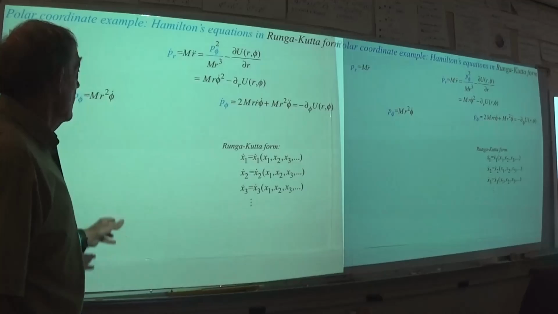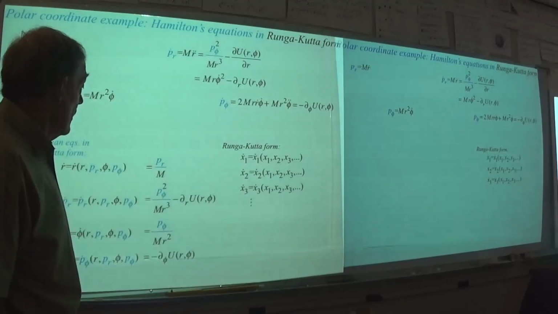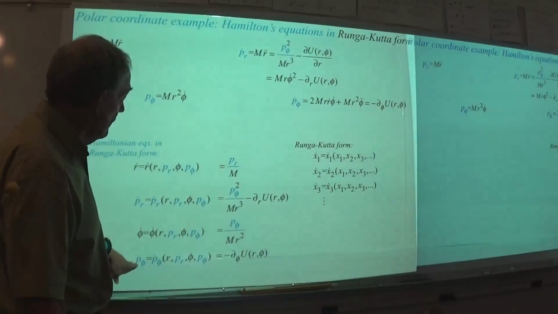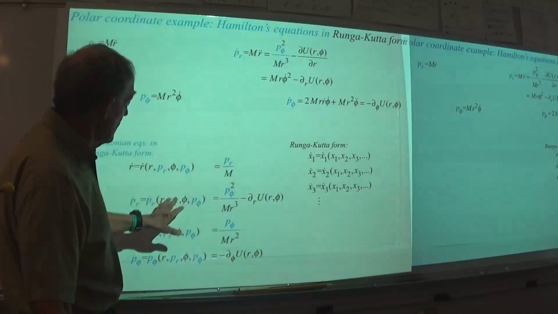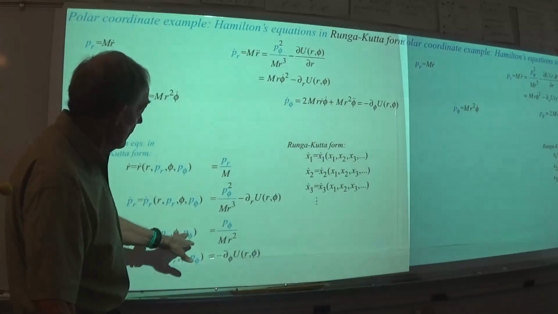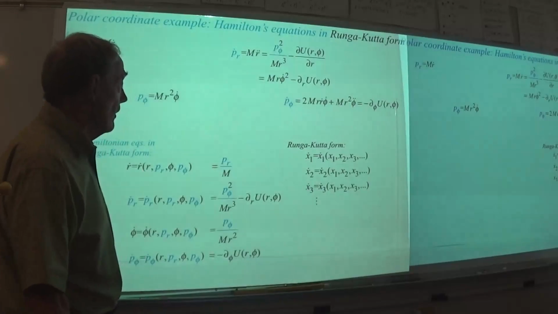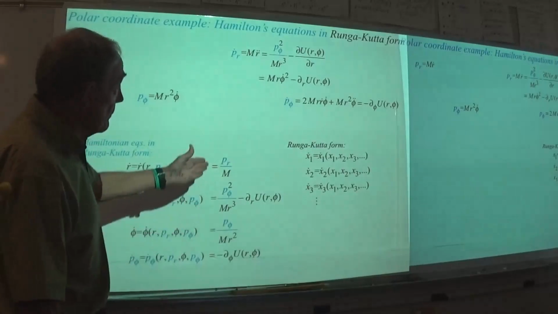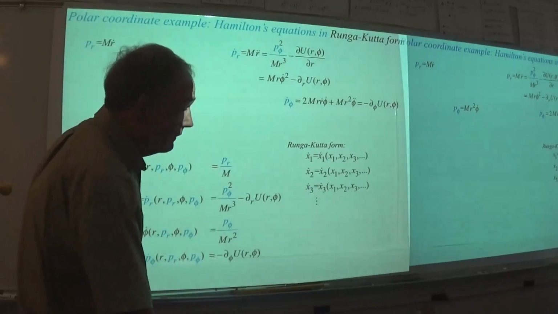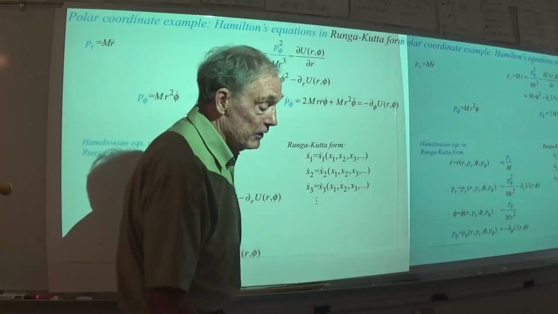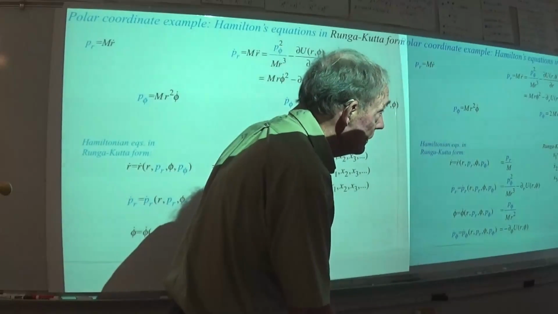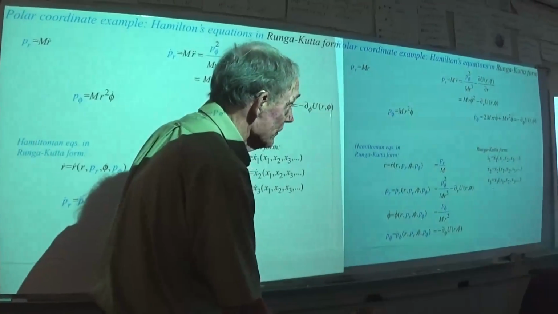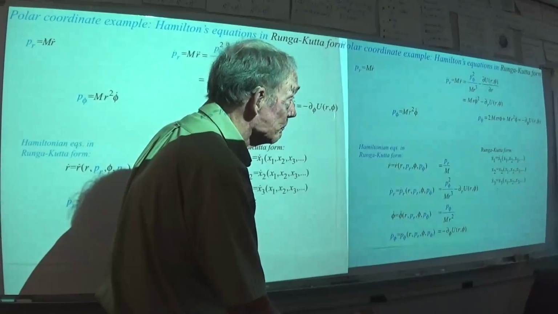But in any case, we can rewrite this very nicely in terms of r dot, p_r dot, phi dot, and p_phi dot, and then presumably have equations immediately for each of those. We're in business. We can just work that, and this is the polar coordinate form right here. So I hold that up as something that we kind of do all the time in our business here, and you'll be seeing simulation that is essentially using this.